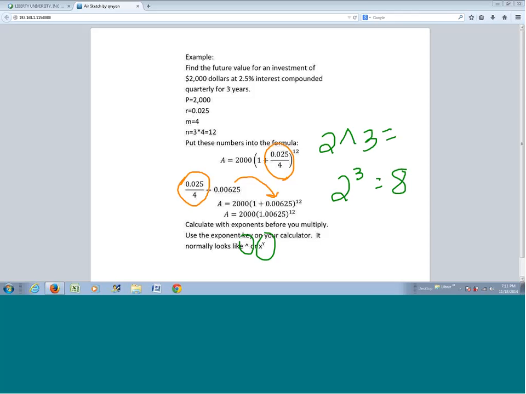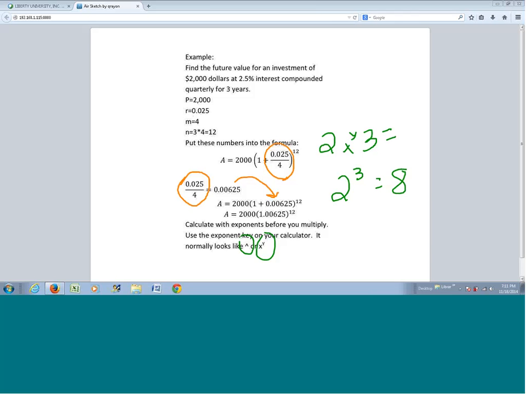If you do, then that is how you're going to type in your exponent. You do the upside down V and then the exponent, and you're good. If you have an X to the Y button, then you would do the 2 and then X to the Y and then 3 equals. See if you get 8.